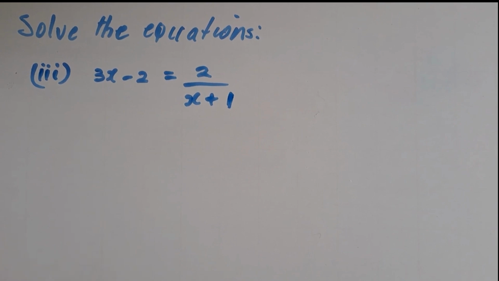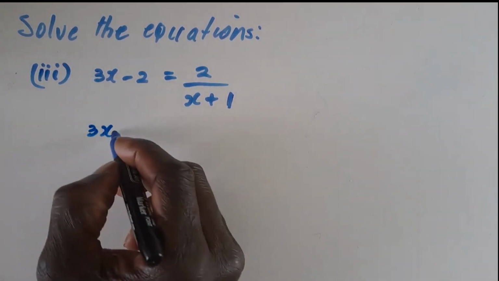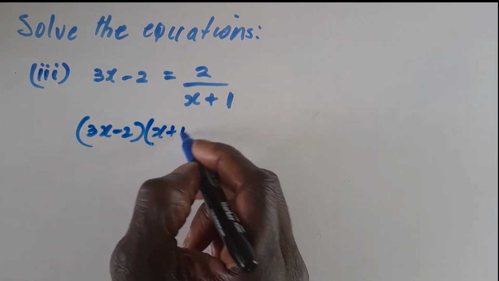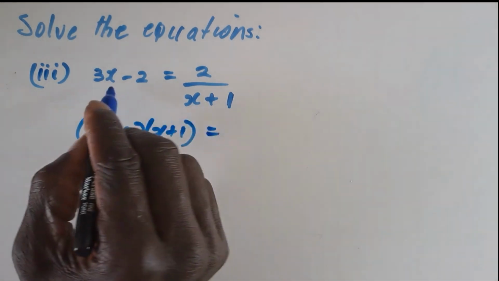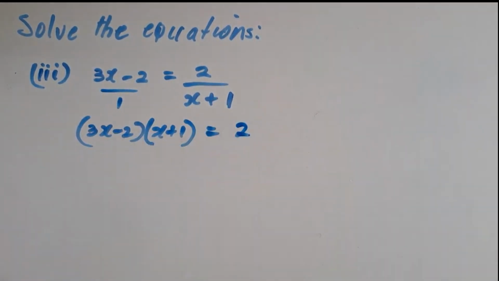Right, our third problem. Here we'll cross multiply because we have a fraction on the right hand side of the equal sign, and we want to simplify this. So we have 3x minus 2 times x add 1, and this is equal to, remember this is over 1, so it's 2 times 1, which is 2.